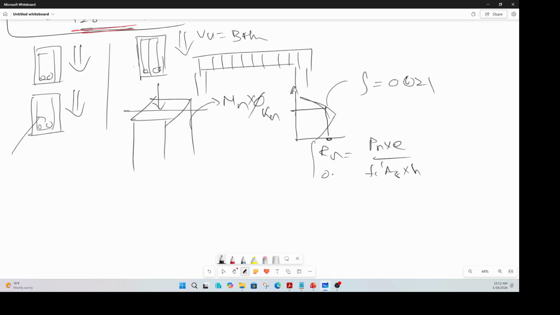We knew this as I think 165, times this, so you calculate your Mn, and that is the moment. Multiply with the strength reduction factor, and we calculated the moment there.